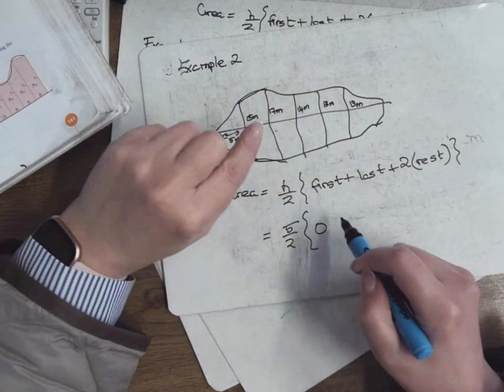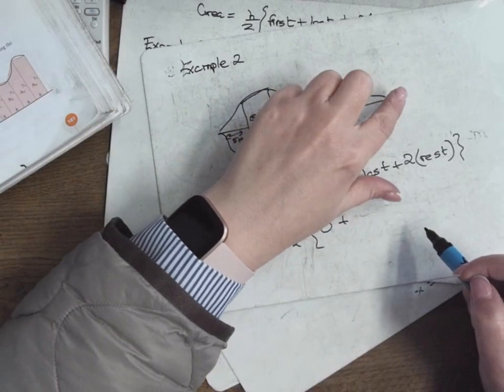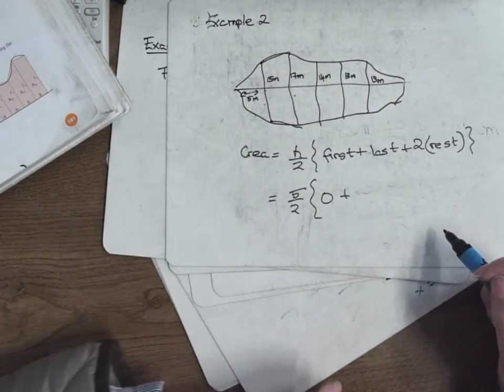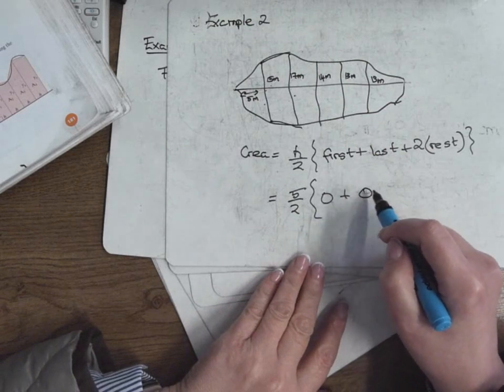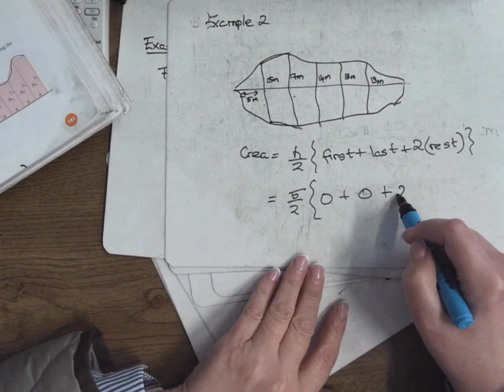Right, the last is the last vertical line. Again, I hear you say, what vertical line? Because it measures 0. Right, then twice the rest.